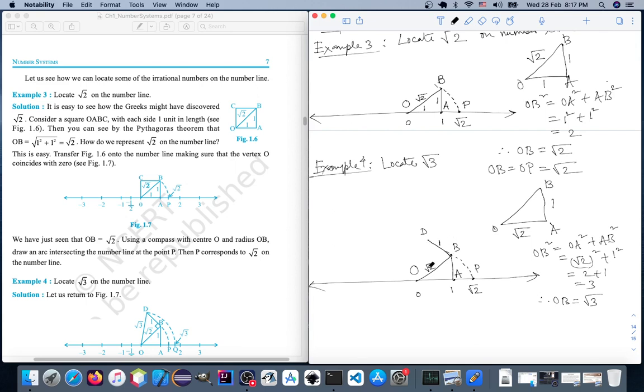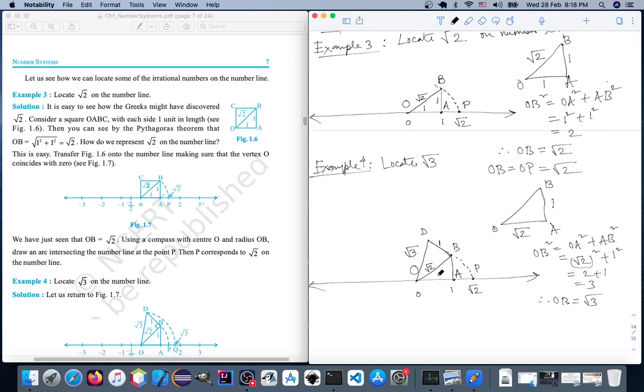This is a right angle triangle again. When we join OD, this triangle ODB is similar to the triangle OBA, with sides root 2 and 1. So we have OD as root 3 from the Pythagoras theorem. In the right angle triangle ODB, the base is root 2 and the perpendicular is 1, so the hypotenuse will be root 3.